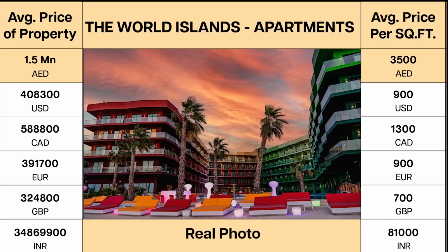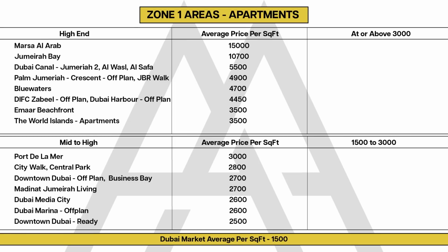Average price per square foot is at 3,500, but average price for these units is very less, just 1.5 million. All of the areas mentioned before were the most prime areas of Dubai for apartments where average price per square foot is more than 3,000 dirhams per square foot.